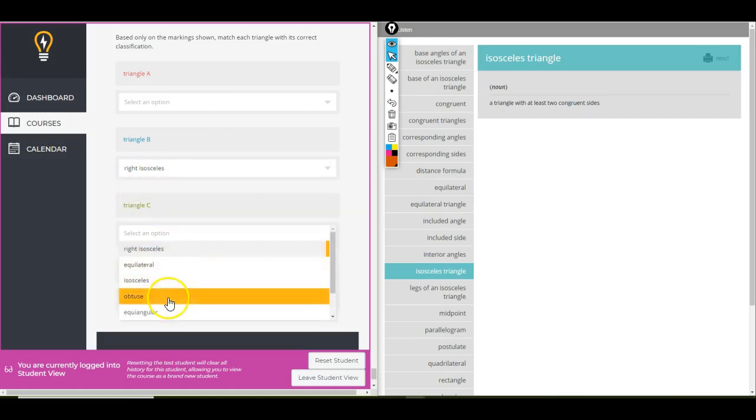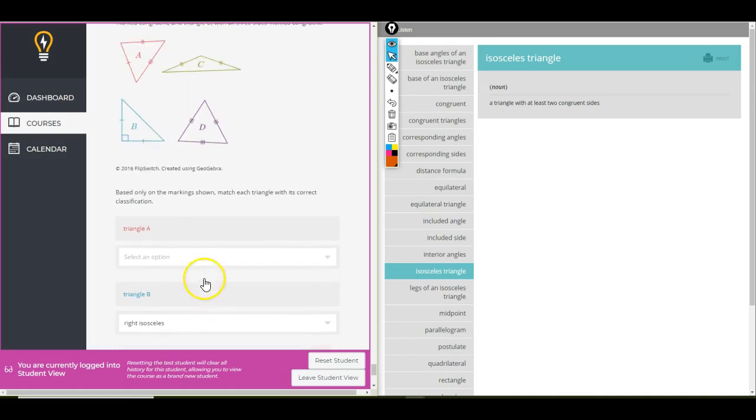So triangle C is an isosceles. I do want to point out that triangle D is an isosceles triangle as well, because the definition is at least 2. So there could be more than 2 sides that are congruent, and so triangle D could be an isosceles. There could be a more specific classification for it though.